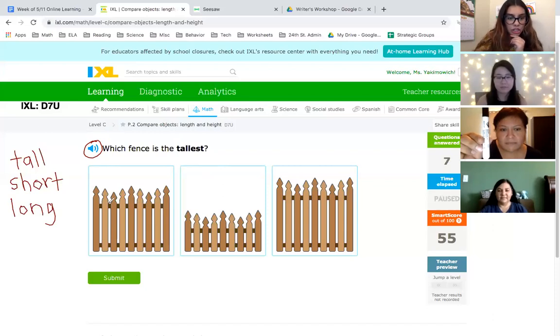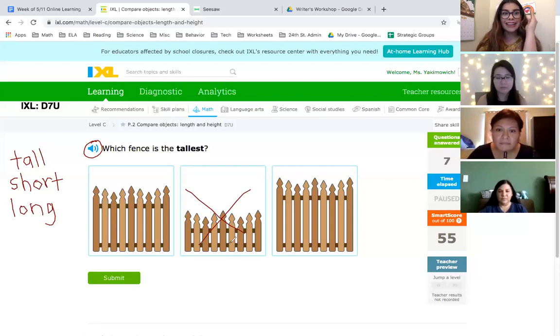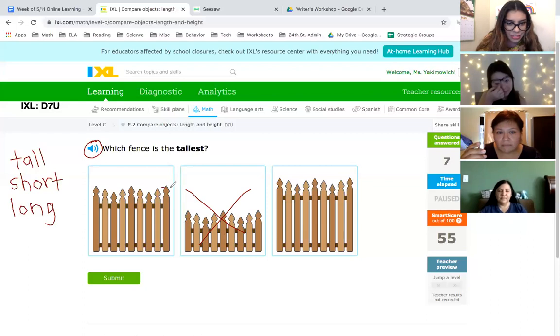I can check, this one is the shortest. So I'm going to put an X on it. I don't think that one's the tallest, the highest, or biggest object. It's up to these two, but I notice that this point, which is the highest point on that object, is not the same.